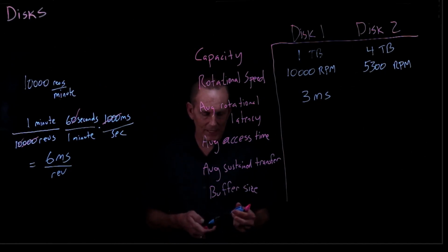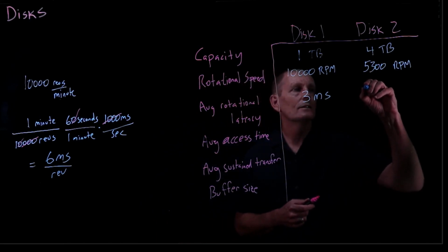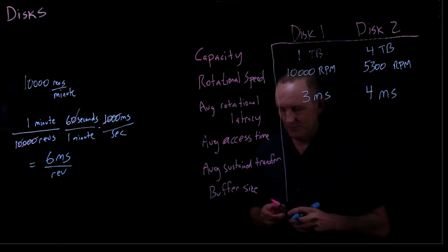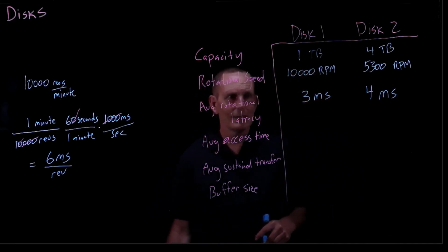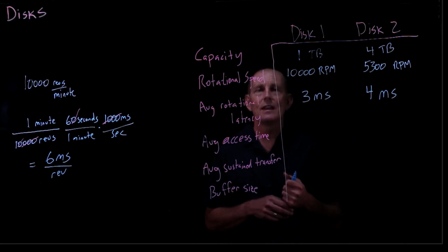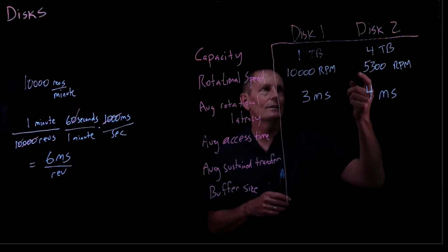What doesn't make perfect sense is the advertised average rotational latency for disk number 2. Unless they've done some magic where they can have on average less than half a rotation, and they haven't, this should really be a number closer to 5.5 or 6, right?